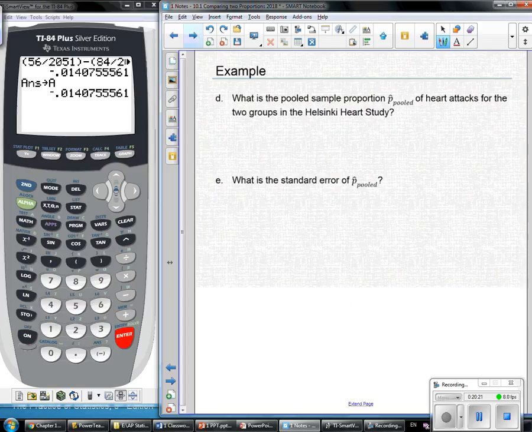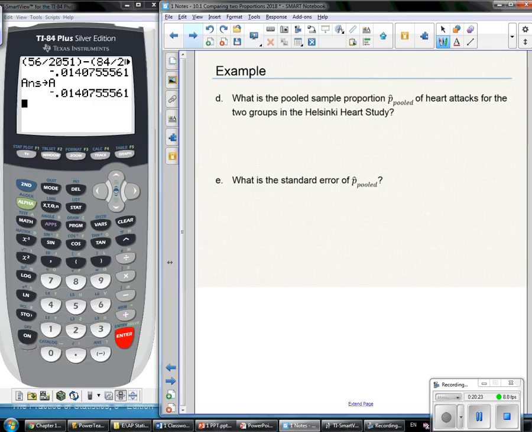So if I wanted to know the pooled sample proportion for the heart attacks in the two groups, basically what I'm going to do is I literally write the word pool as my subscript to be careful. Don't call it p sub p. That's just way too many p's. And I want to remember that I had 56 successes in my first group, and I had 84 successes in my second group. And if I add the two groups together, I had 2,051 plus 2,030.